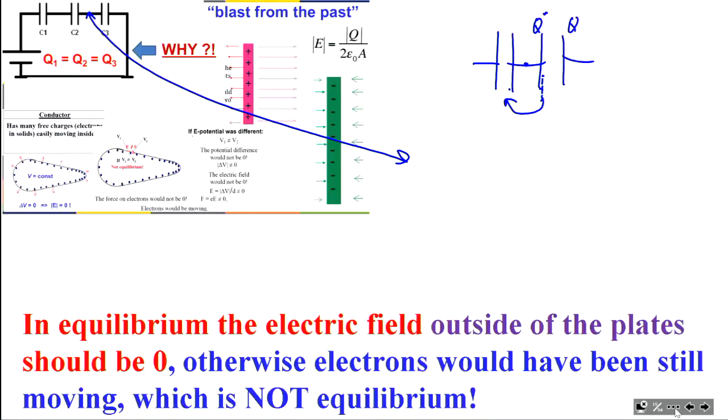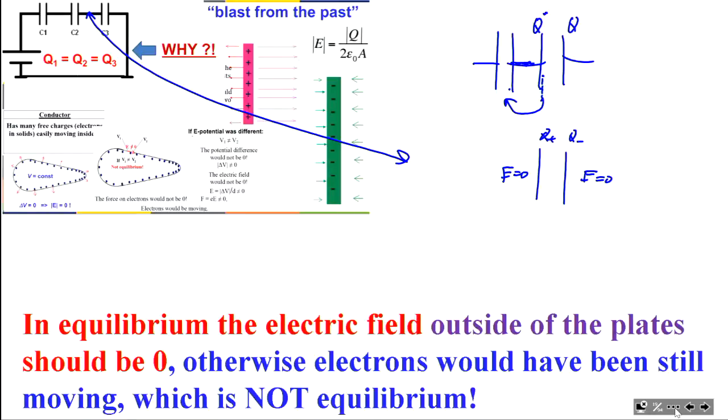there should be no electric field here, because if the electric field were not equal to 0, electrons still would have been moving. And how can it happen? Well, this is a simple model, of course, but in order to not have electric field outside of the plates, the charges on the plates must have the same magnitude.